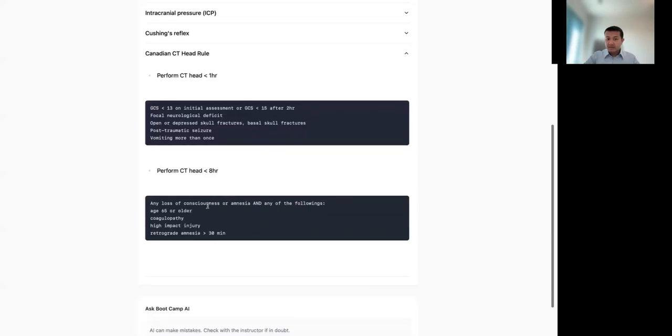The second group: loss of consciousness or amnesia plus any of the following. The elderly, older than 65, coagulopathy, high impact injury like road traffic accidents, falling from the stairs for example, and retrograde amnesia more than 30 minutes.